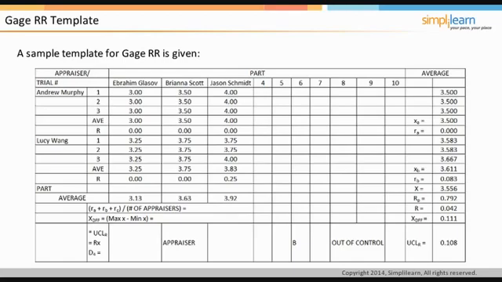Schmidt. The operators measure each part repeatedly. From this data, the average, X, and ranges, R, for each inspector and for each part are calculated. The grand average for each inspector and each part is also calculated.